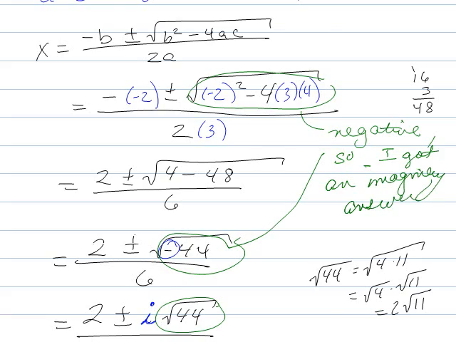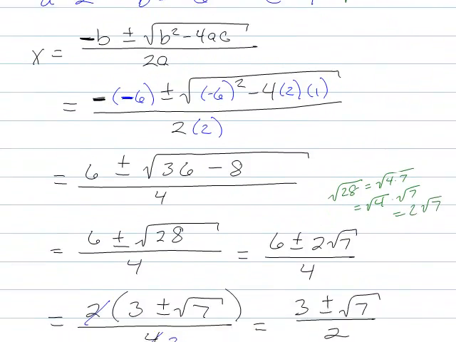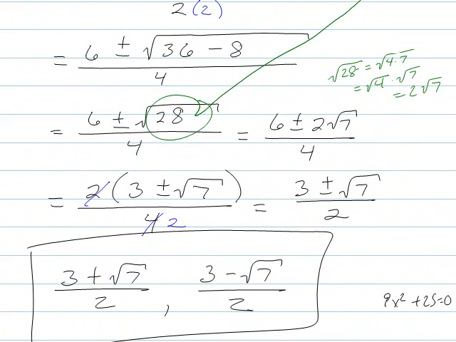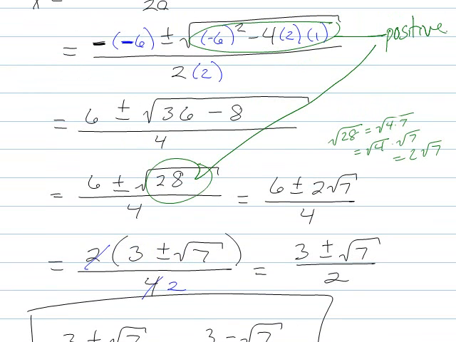Finally, if you look up here, the thing under the square root was positive, it was 28. And the kind of answer I got was just a normal, real answer. I got a real answer.